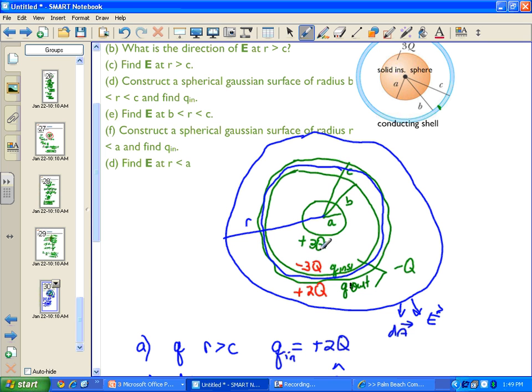Of course, we cannot have any charge inside a conductor.